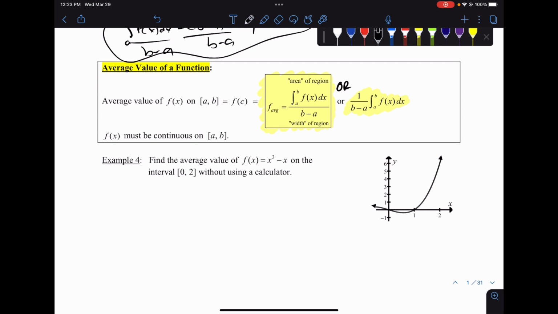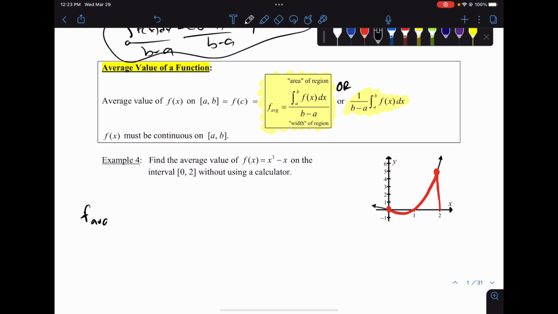So example 4 says, find the average value of f of x equals x cubed minus x on the interval 0 to 2 without using a calculator. So I'm going to start at 0, and my function is going all the way until I hit 2 right here. And it wants me to find the average value of the function. So rather than try to figure out the height from the graph, I use the formula.